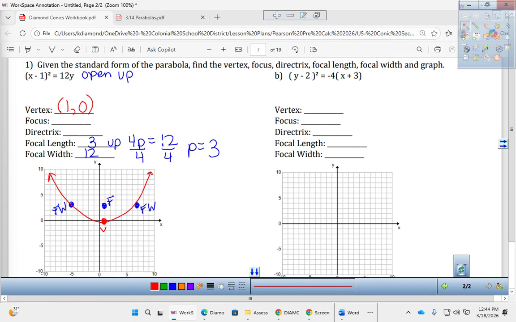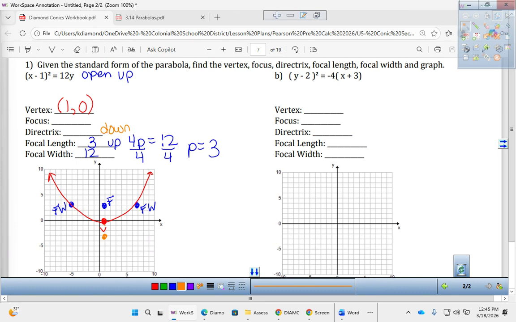The last part of the graph that we add is called the directrix. The directrix is like a boundary line. It doesn't go through the graph. I'm still going to use that focal length to get it because everything about a parabola is symmetrical. So instead of going up 3 for the directrix, I'm going to go down 3. From that point at 0, I'm going to make a point here.